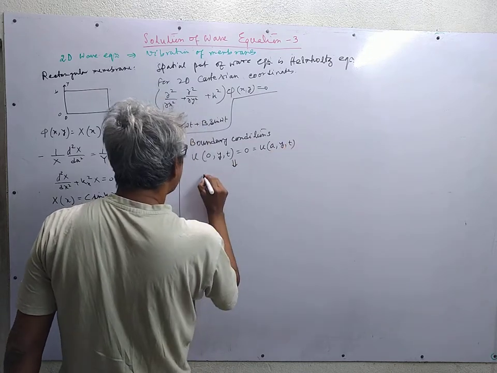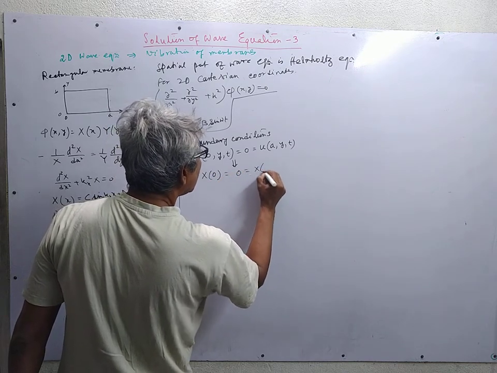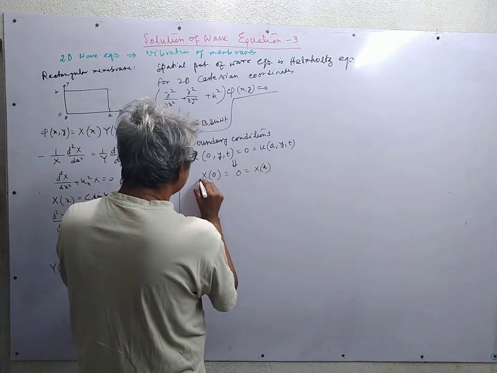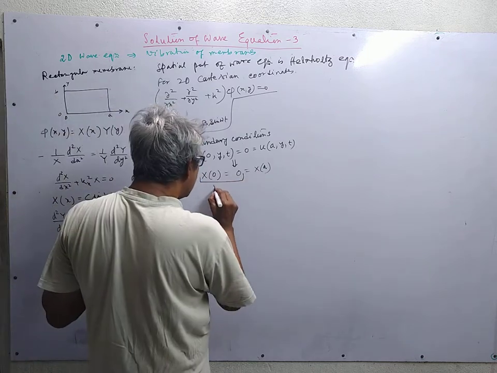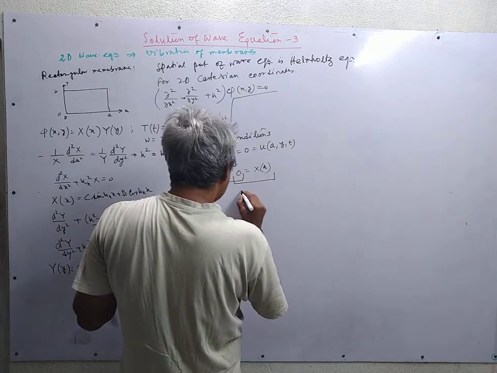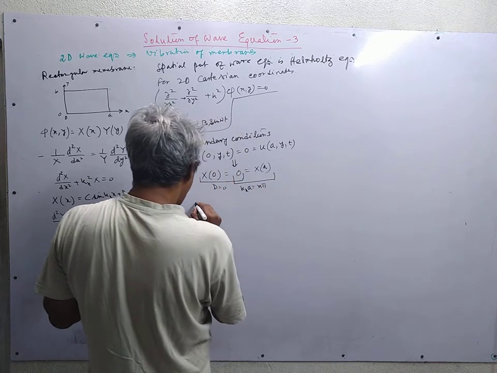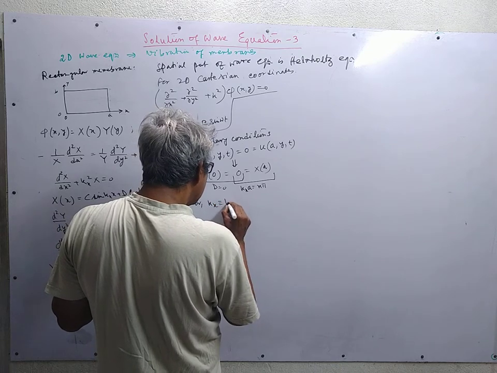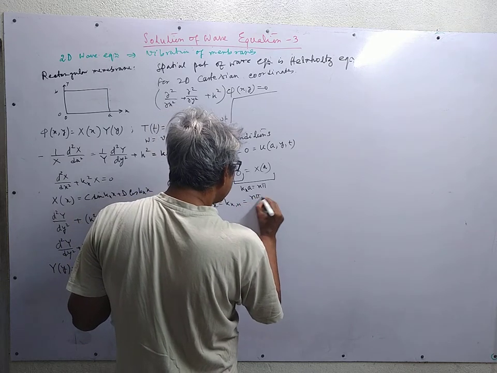This in terms of X becomes X at 0 equal to X at a. This part gives D is equal to 0, and this part gives kx a is equal to n pi, so kx is now quantized: kxn is equal to n pi by a.